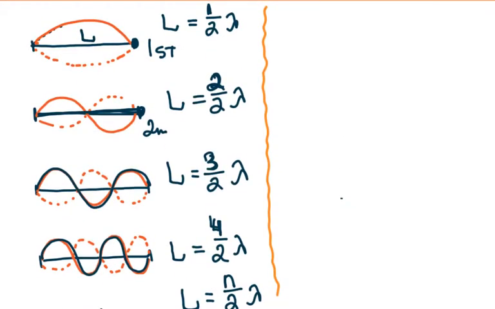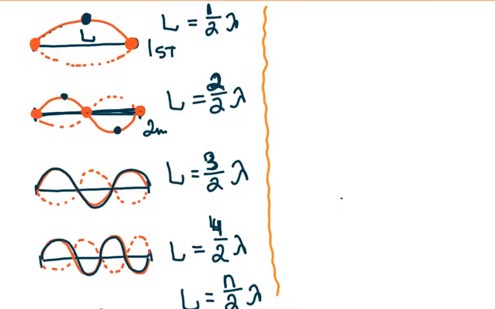Also, the first harmonic has 1 node and 2 antinodes. Has 2 nodes. These ones are called nodes. This one has 2 nodes and 1 antinode. And the second harmonic has 3 nodes. This one's called nodes, and 2 antinodes.